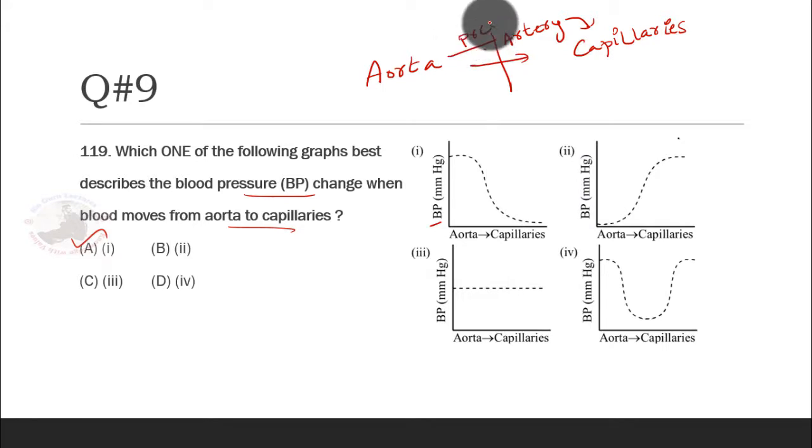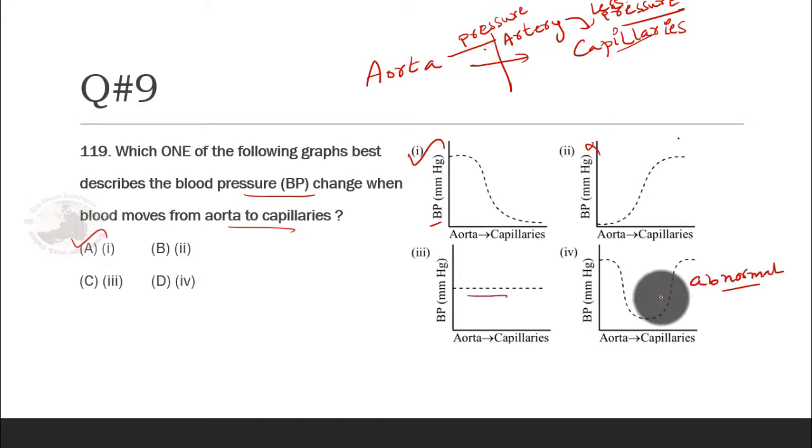The pressure will be high, whereas from artery to capillaries, relatively lesser pressure is seen because they have connectivity with both, so less pressure. Hence option 1 will be correct, and this will not be correct, and there is no common pressure and there are no ups and downs. In case of abnormal conditions only you can get this. Hence we can say option 1 is correct.